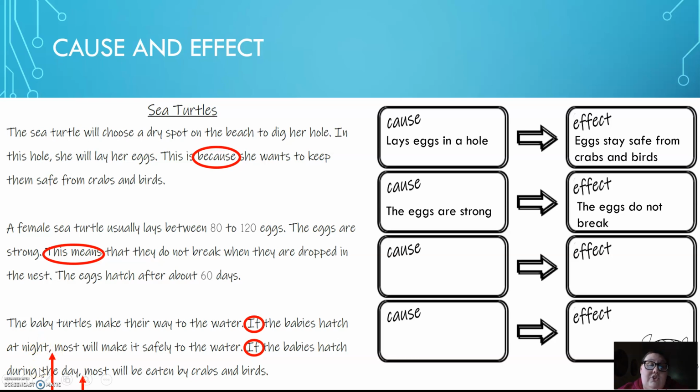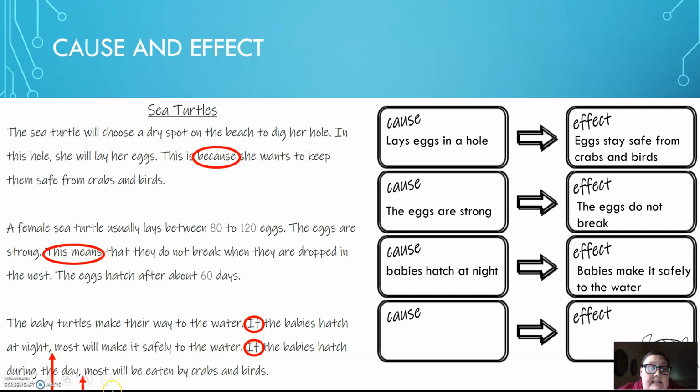A lot of writers will choose to do this, and I probably do it all the time in my writing. So if the babies hatch at night, then most will make it safely to water. So we have to imply the word then there. So cause, babies hatch at night. Effect, babies make it safely to water.